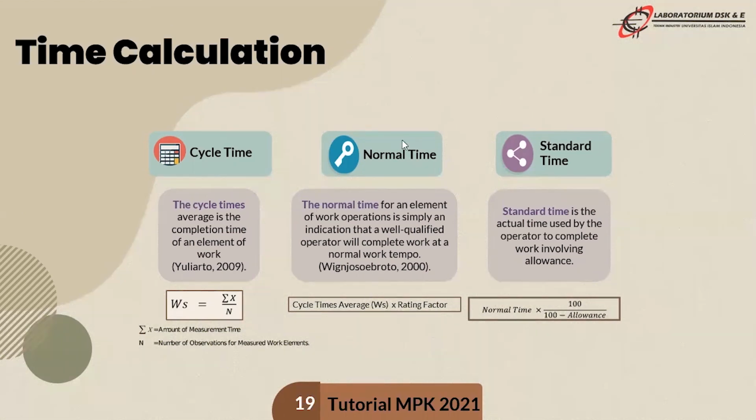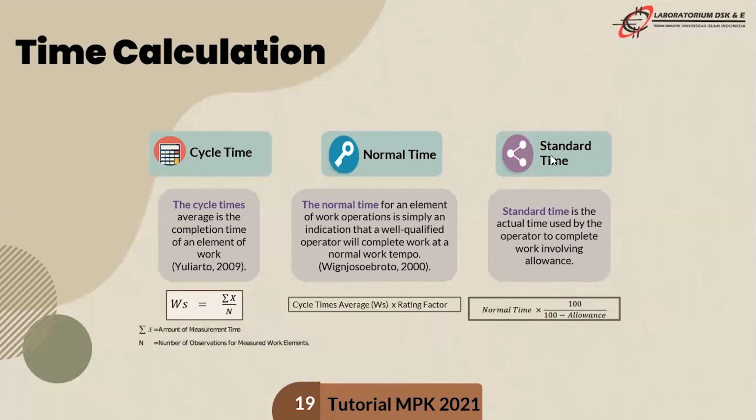And second is normal time. The normal time for an element of work operation is simply an indication that a well-qualified operator will complete work at a normal work tempo, from Wignjosoebroto 2000. The formula for normal time is the average cycle time, which we already calculated before, multiplied by the rating factor.